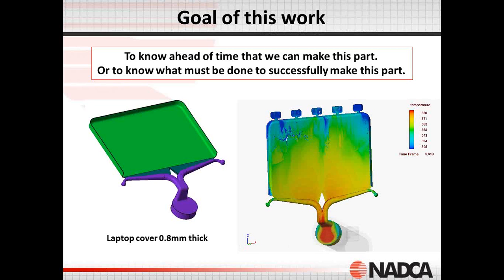That would give us the ability to either modify the design or change fundamentally the casting process or die temperature to be able to know ahead of time that we can successfully cast this part without any surprises at the foundry.